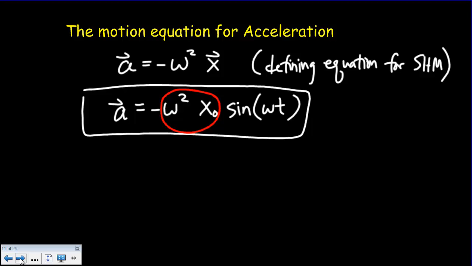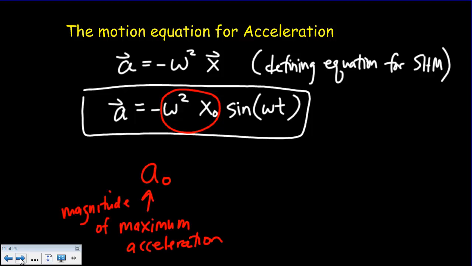that's always the amplitude of a sine function. So that means that's really my maximum acceleration, right? So my a naught, my maximum acceleration in magnitude, is going to equal omega squared times my amplitude.